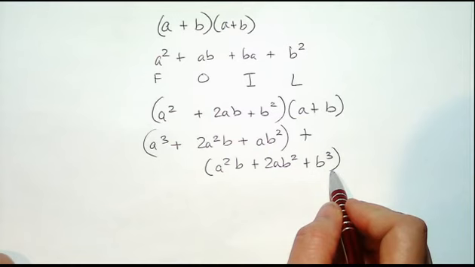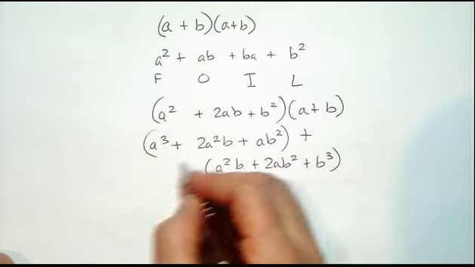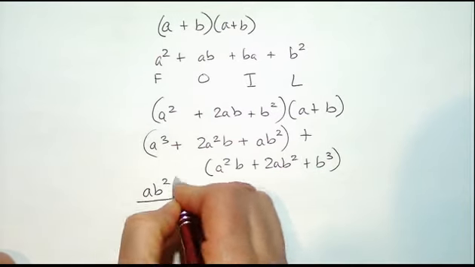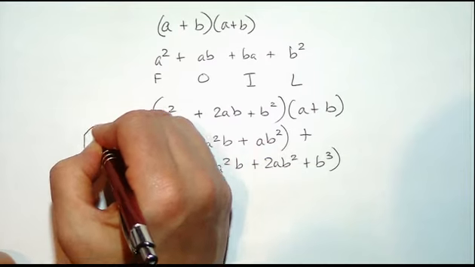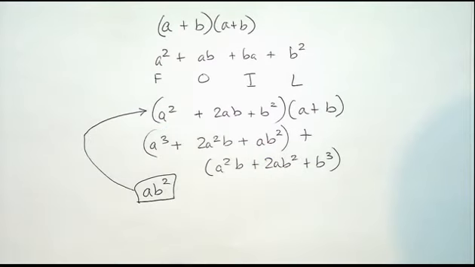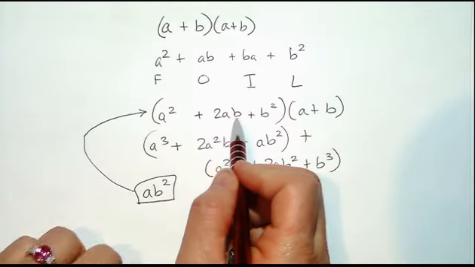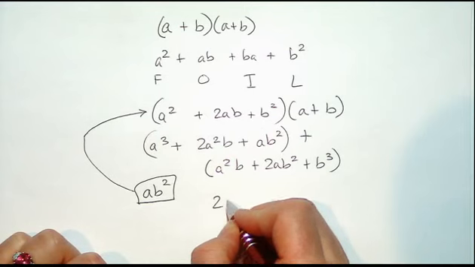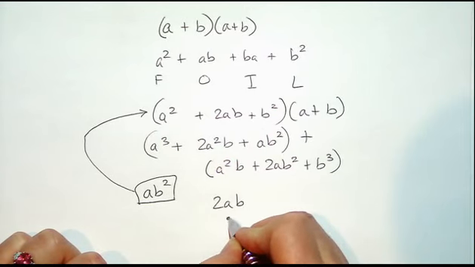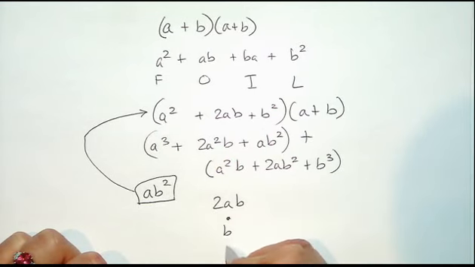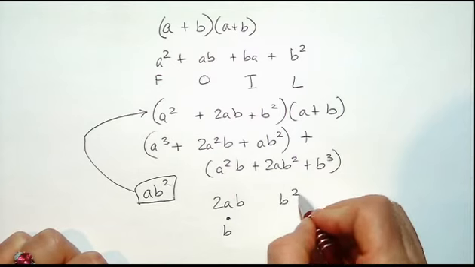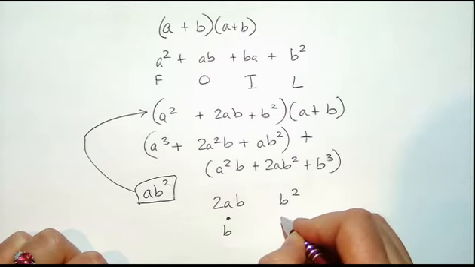So we don't have any ABs left. We have AB squared. So what are the ways to get AB squared from this? It came from either the 2AB term, and multiply it by b, right? Or we can start with the b squared term and multiply it by an a.